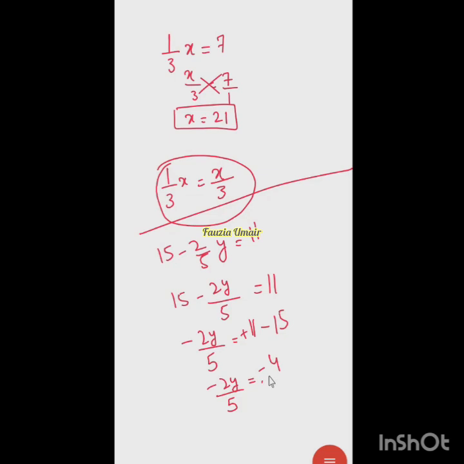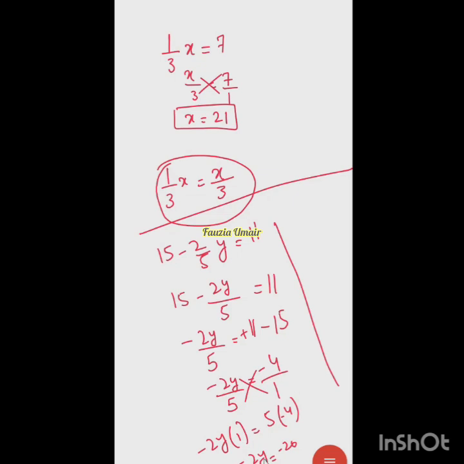So this is minus 4 by 1. So now we have one term on the right side, one term on the left side. So we will just do the cross multiply. So minus 2y is multiplied with 1 and 5 is multiplied with 4. So this is minus 2y is equal to minus 20. ठीक है?